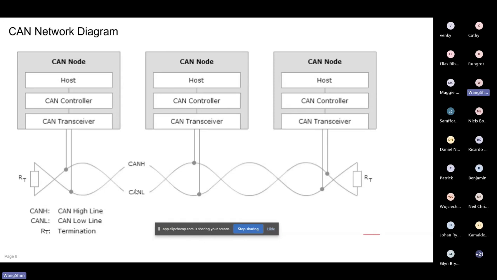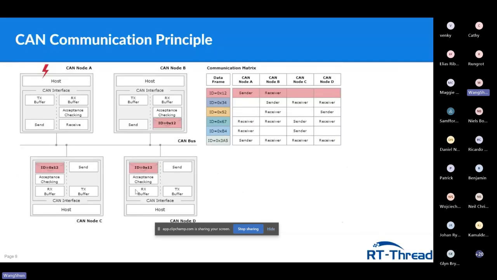And as we have seen, this is a multi-master communication protocol. Also the priority is not based on the ECUs. Here in CAN bus, the priority is based on the message. We will see that later in the slide. So this is the CAN communication principle.